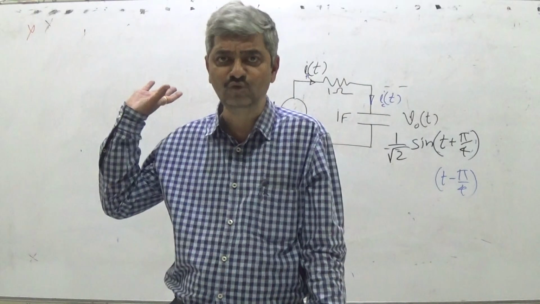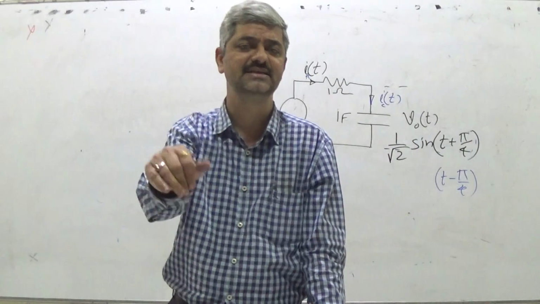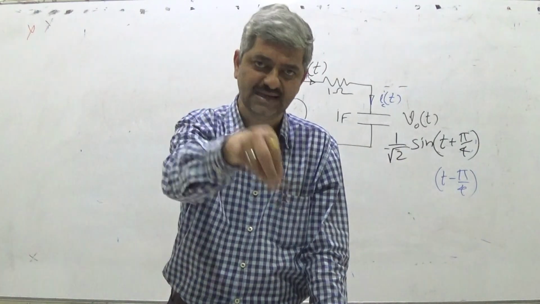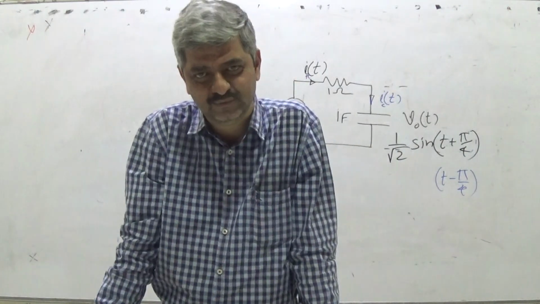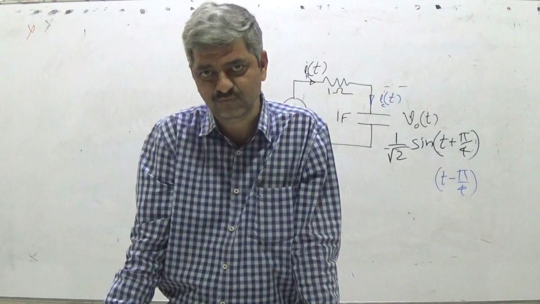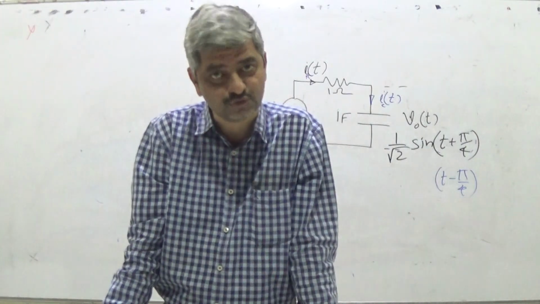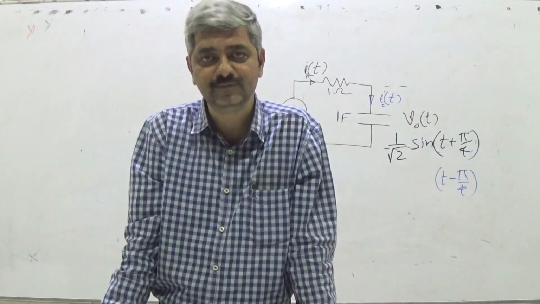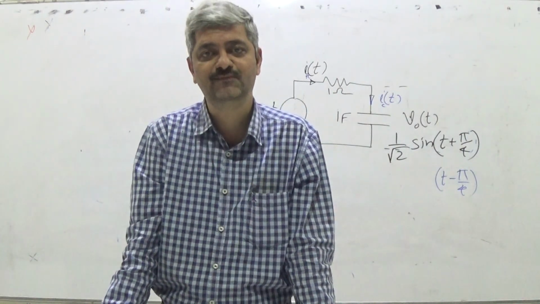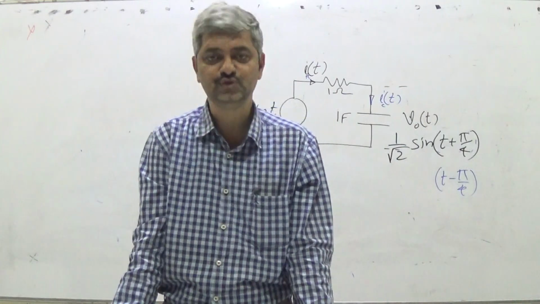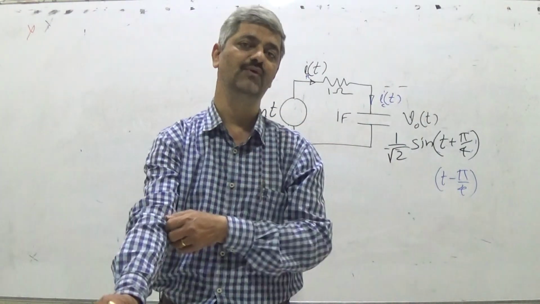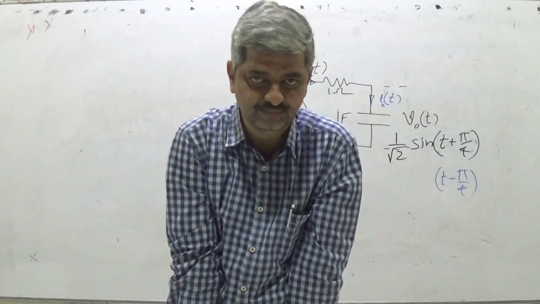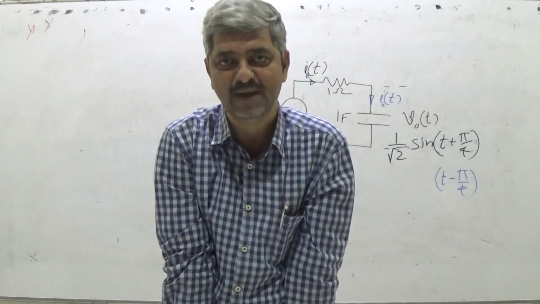Here, at no point of time has a differential equation come, once I replace the capacitor current by C dVc by dt. So I get a trigonometric equation, and the trigonometric equation is somewhat complex to solve independently. Therefore we must now find ways and means to work with something by taking help of the square root of -1.